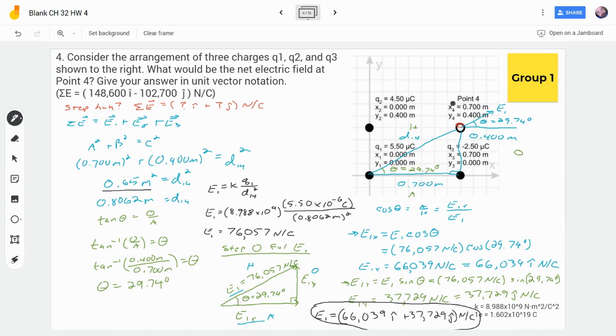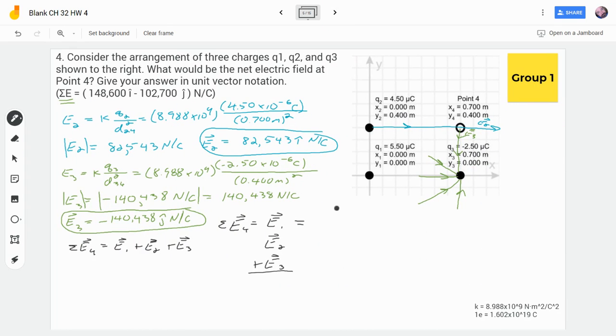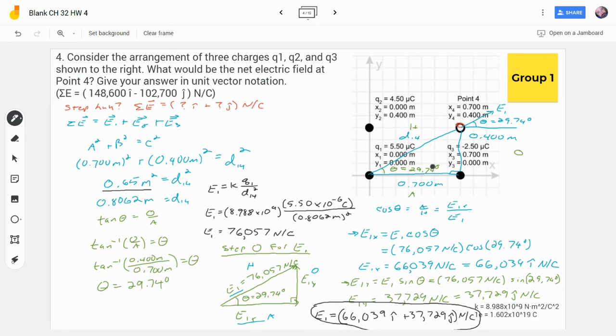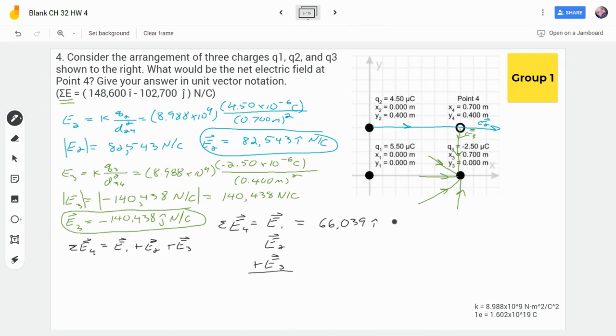So 66039 i hat, and what was the j hat part? Plus 37729 j hat. And yeah, these are all newtons per coulomb.